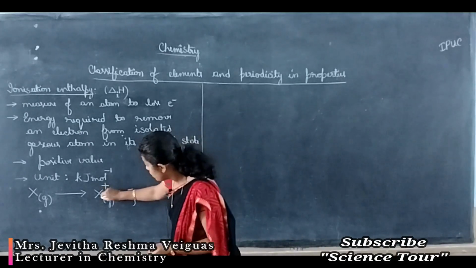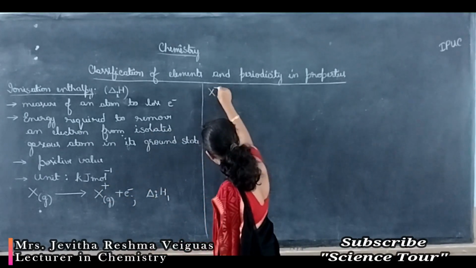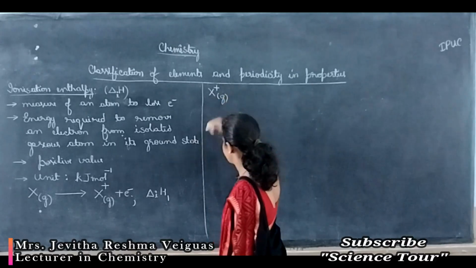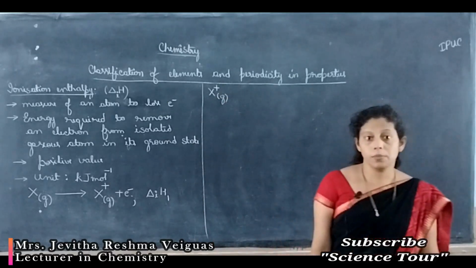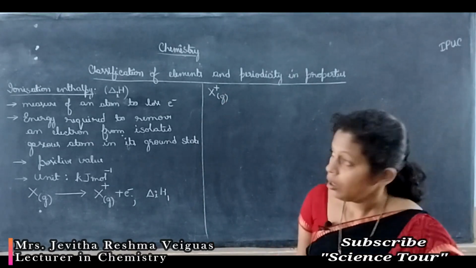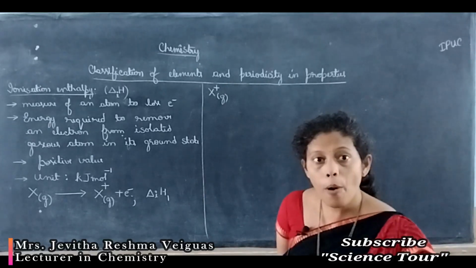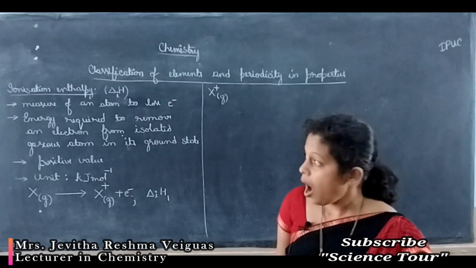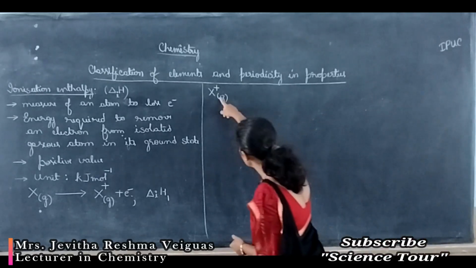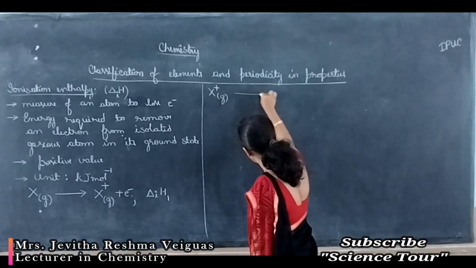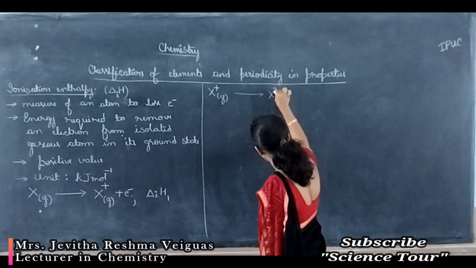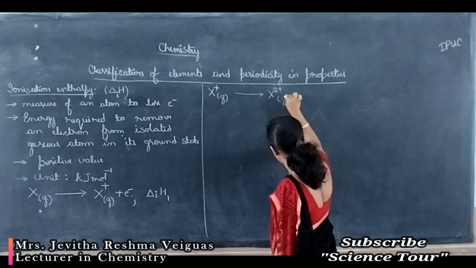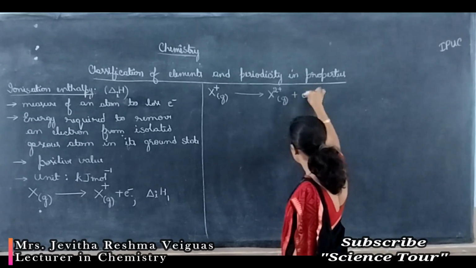Now let me consider this X plus in the gaseous state. This is a monopositive ion. Now if I remove another electron from this monopositive ion, what I get is X2 plus in the gaseous state.